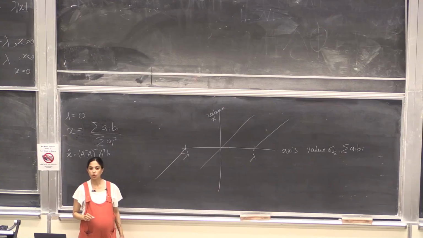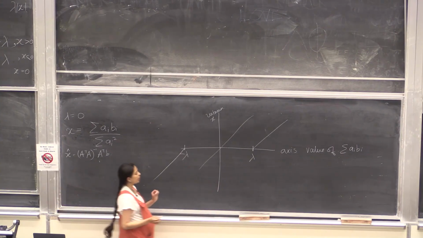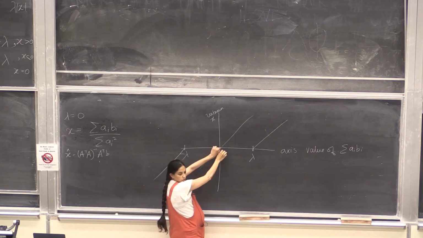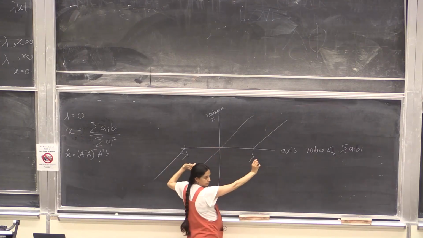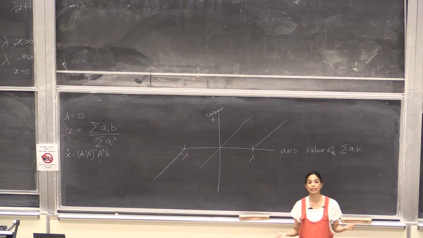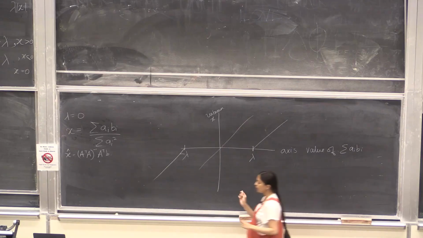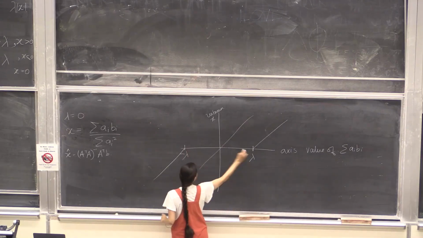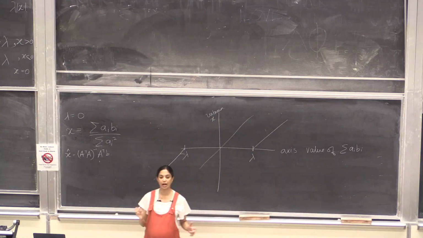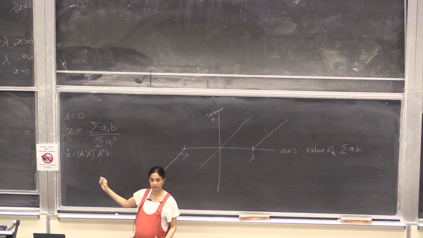So what you're doing by adding this regularizer is taking the least square solution and perturbing it so that your function starts at lambda and minus lambda instead. And what is going to happen in this entire middle regime where the sum of ai bi is between minus lambda and lambda?